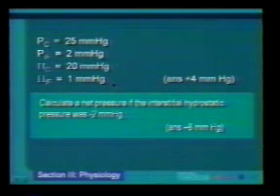Now, what you have to do finally is add up the directional signs. You add up all the directional signs to get a net pressure. If you add these together, you come up with plus 4 millimeters of mercury. If the answer is a positive number, then you have net filtration, and the net filtration here has a force of 4 millimeters of mercury.